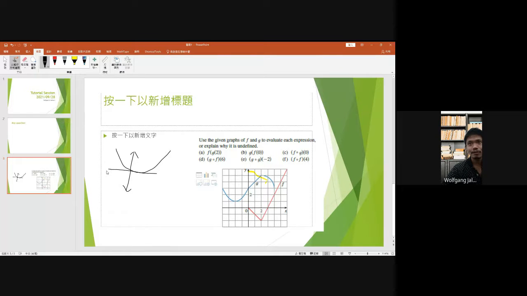It can be what we call piecewise linear, something like this.